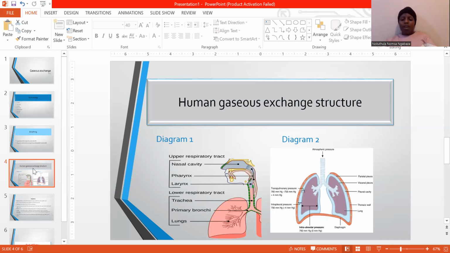As much as our nasal cavity is going to be moisturized, we also need warmth inside the nasal cavity. We can all attest that our nasal cavities are actually warm. So what makes it warm? You can do a practice now and you can tell if it's warm or not.